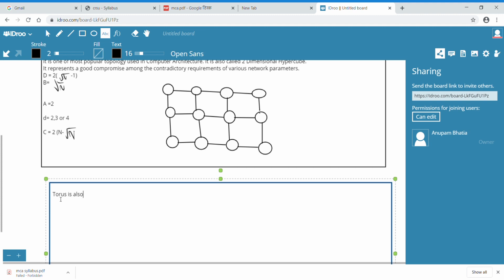It is also called the wraparound mesh. It provides improved parameters as compared to the normal 2D mesh.